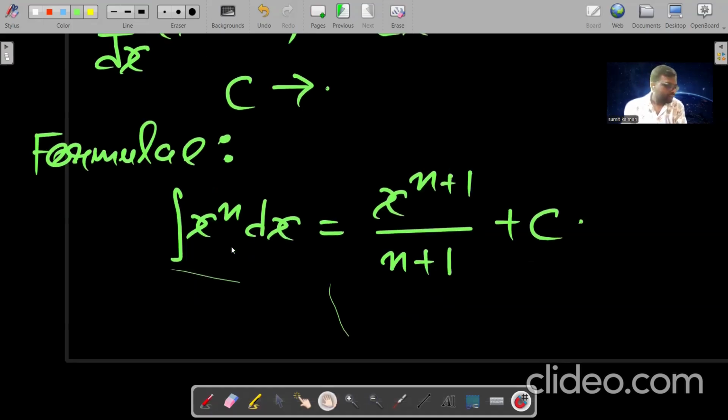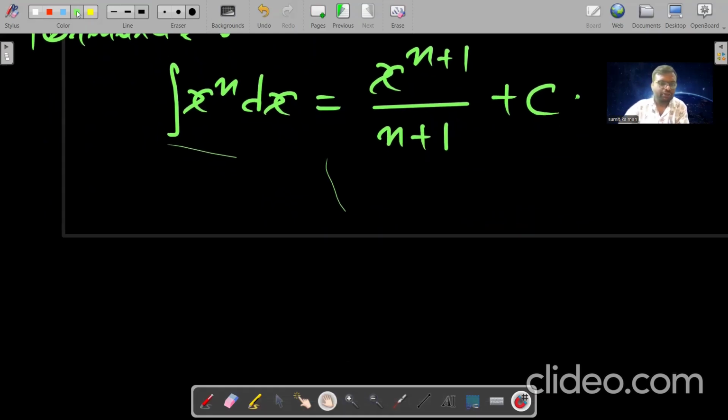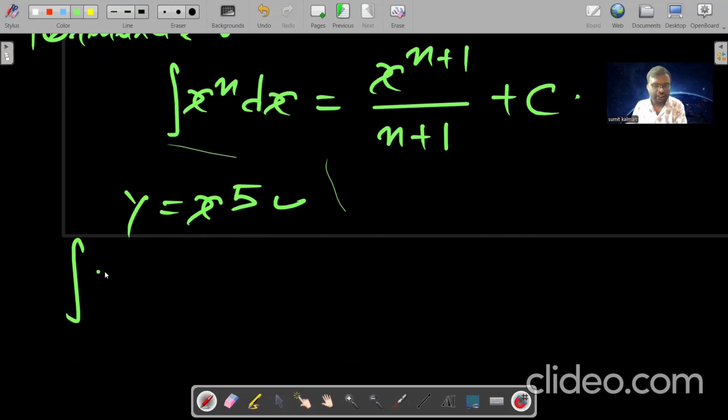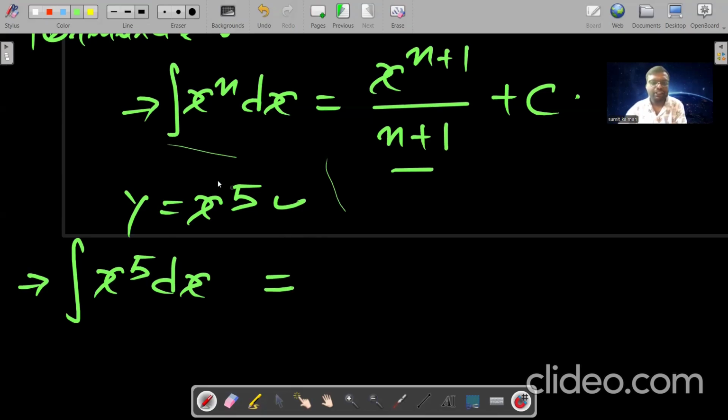Now students, suppose we have y is equal to x to the power 5, and we have to integrate y with respect to x. So let's see how to integrate it. Integral x to the power 5 dx. Now friends, we know this formula. What is n here? Compare these two. n here is 5. So we will apply this formula: integral x to the power n dx is equal to x to the power n plus 1 upon n plus 1 plus c.